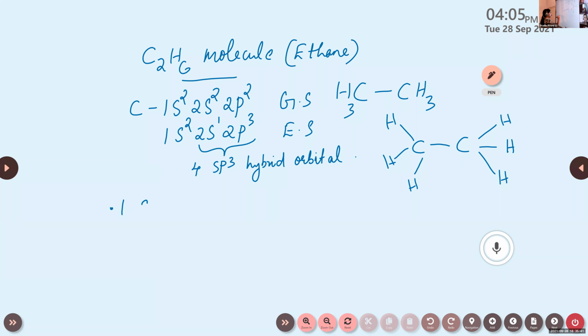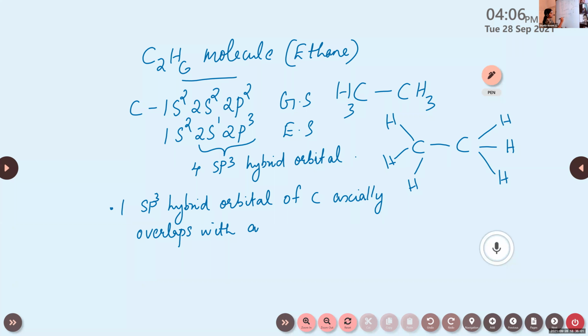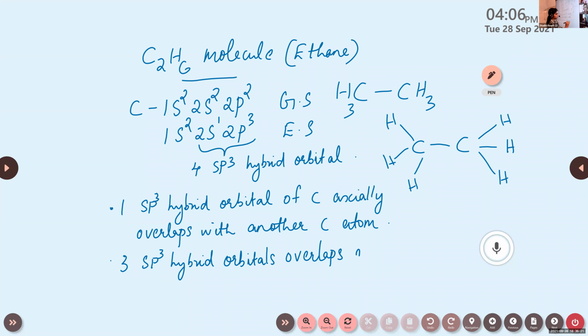One sp3 hybrid orbital of carbon axially overlaps with another carbon atom, and the remaining 3 sp3 hybrid orbitals overlap axially with 3 hydrogen atoms.